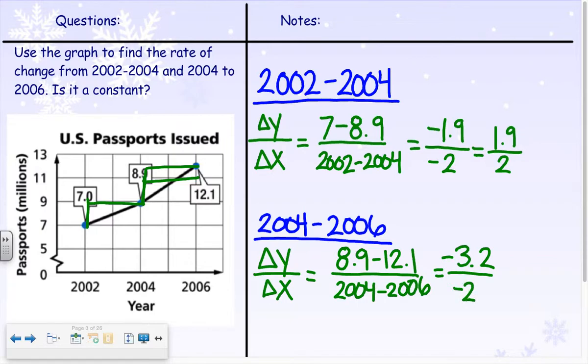You'll notice that if you simplify these, 1.9 divided by 2 would be 0.95. Negative 3.2 over negative 2.